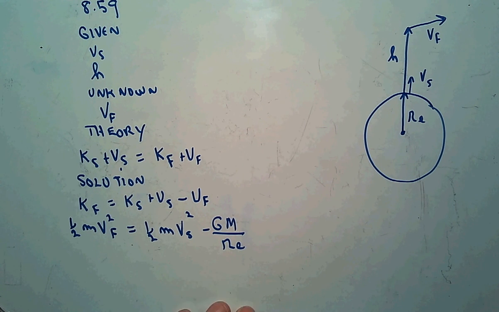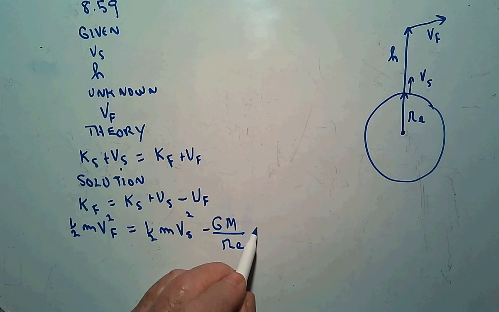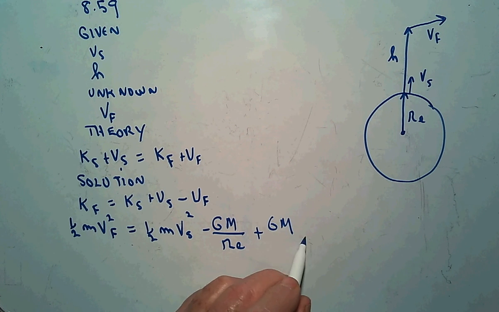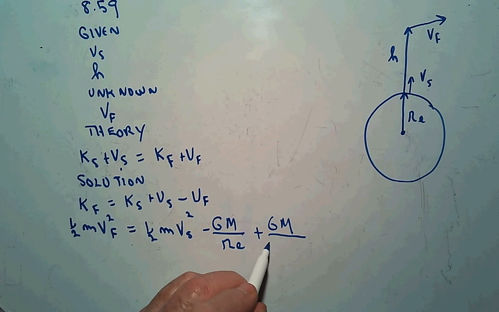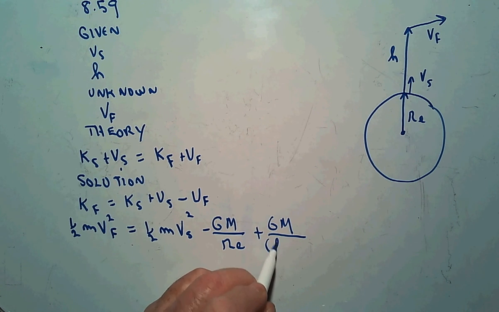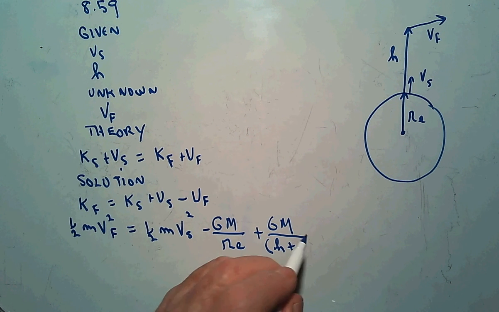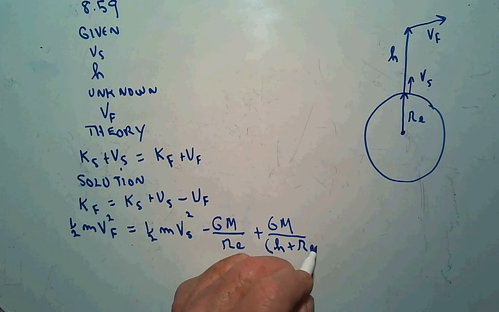You have to look up all these values here. And then minus, which makes me a plus, G M. Now here you've got to be careful. The potential energy you finish with is G times M over h plus r sub e, like that.